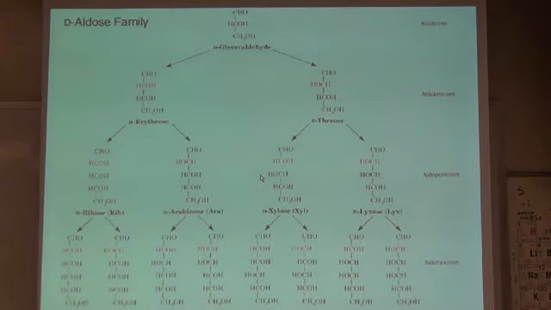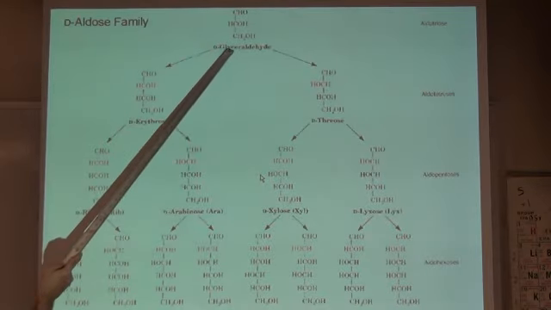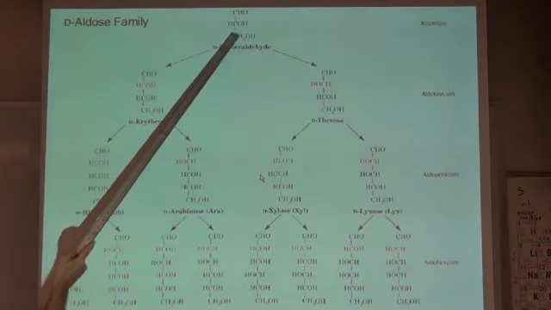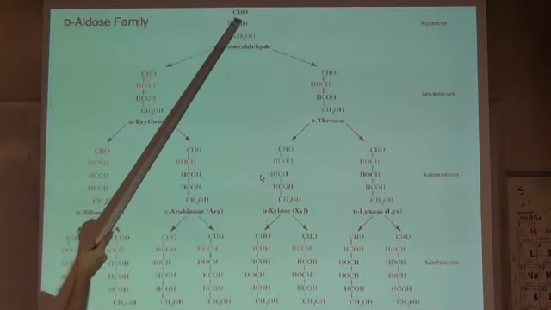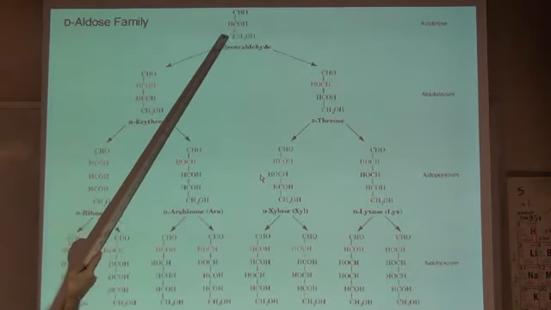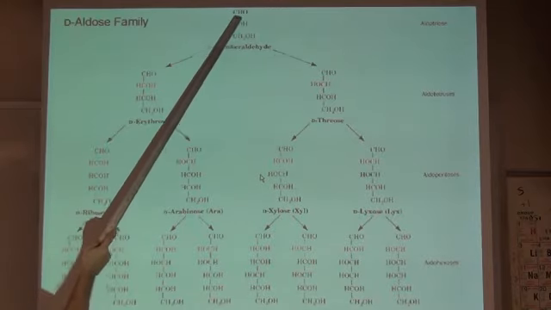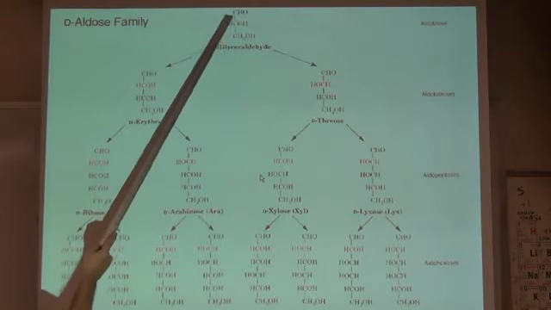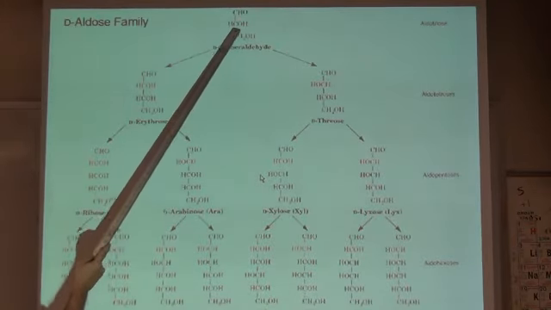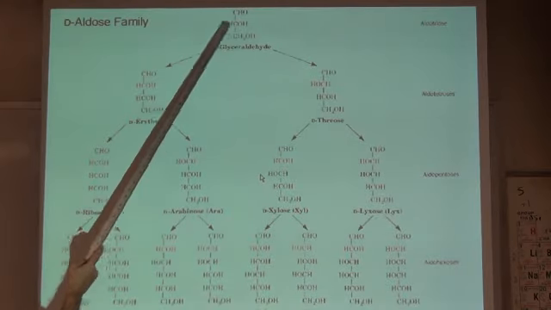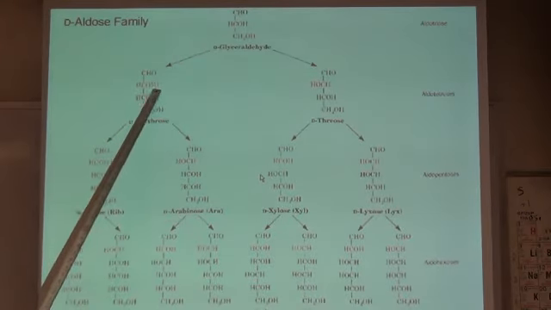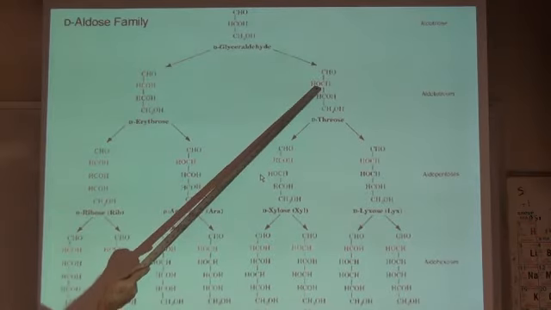And they're real easy to generate. You just start with glyceraldehyde, and you know that we always have the D form, so the configuration right here never changes. All we do is cut the bond here, right below the CHO, right below the aldehyde group, and you insert a carbon. For one, you put the OH on the right, and to get the other one, you put it on the left.